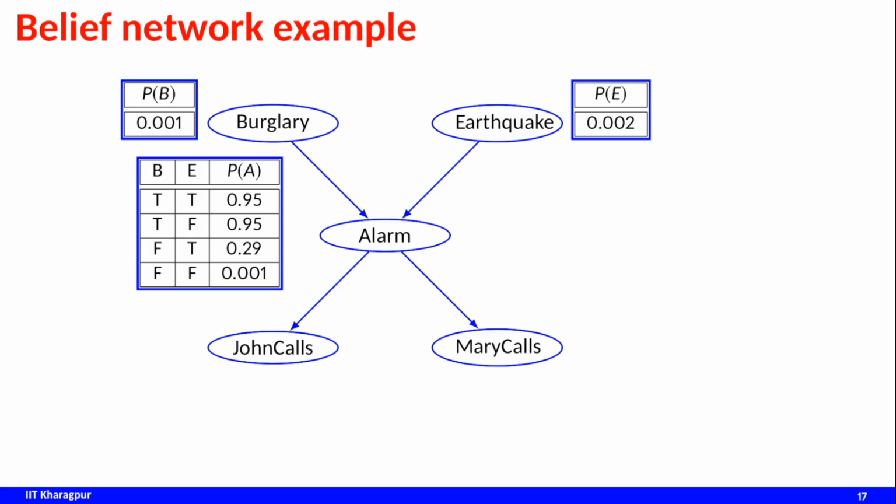If you look into this entry in the table, it basically says that if burglary happens and if earthquake happens, then the probability of the alarm going off is 0.95. So there is a probability that even if the burglary happens and the earthquake also happens, the alarm does not go off. That probability is less, and it is given by 0.05.